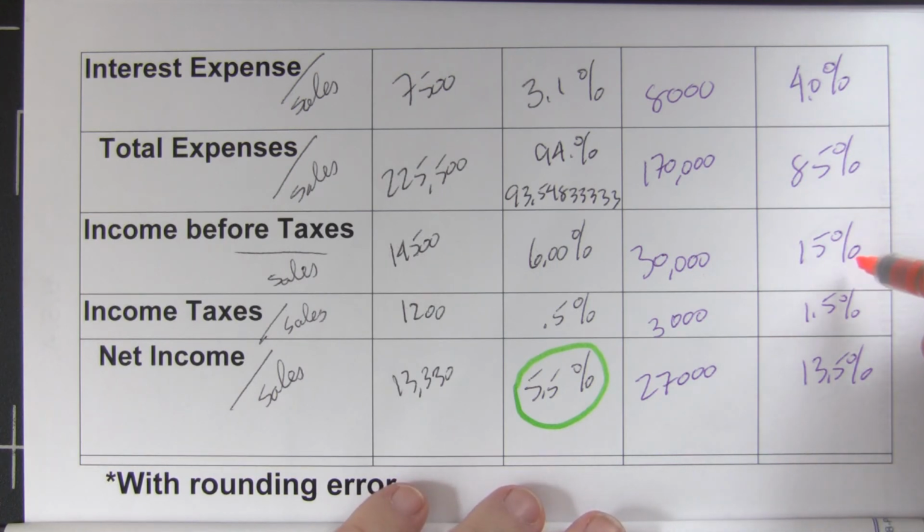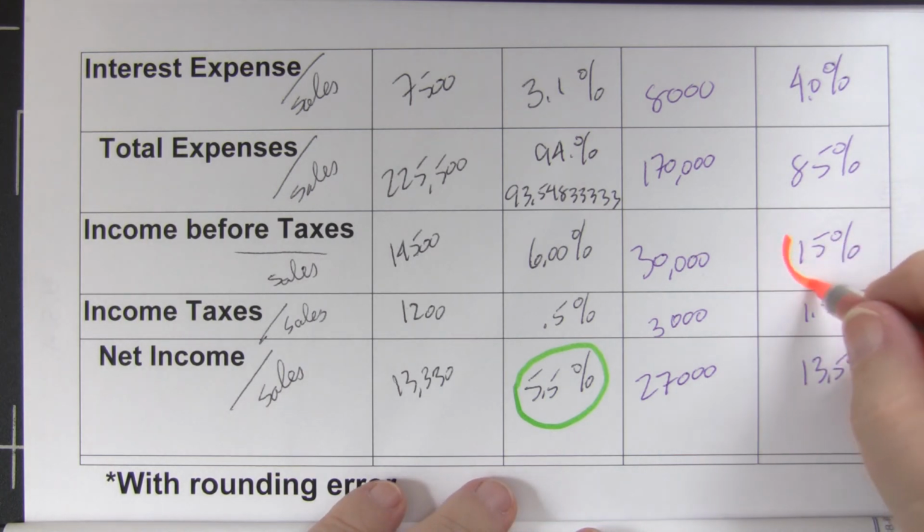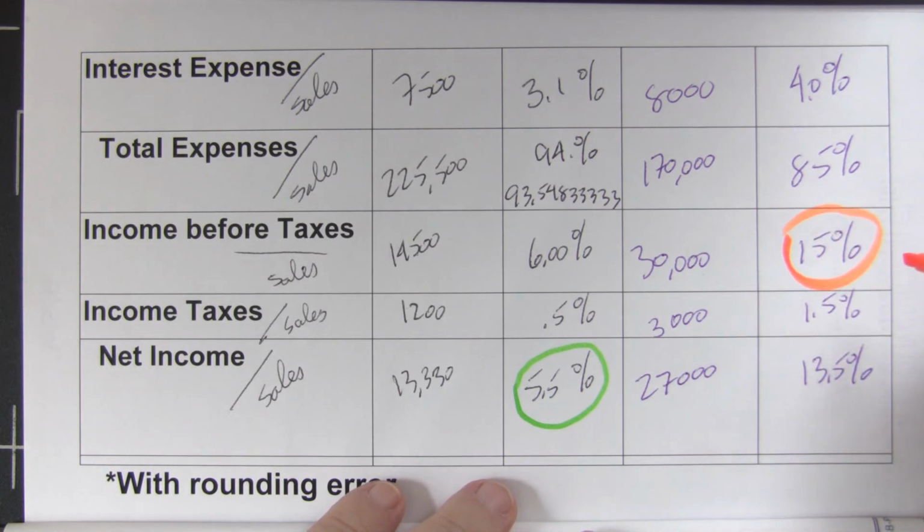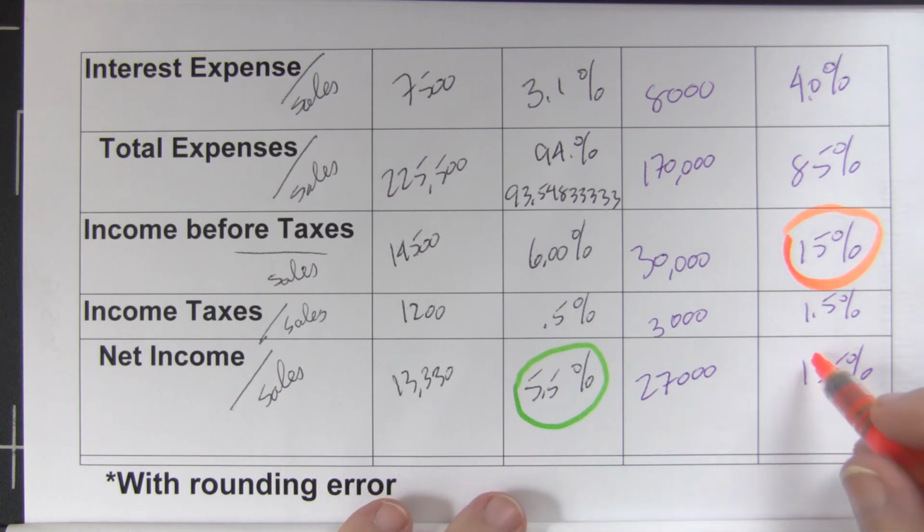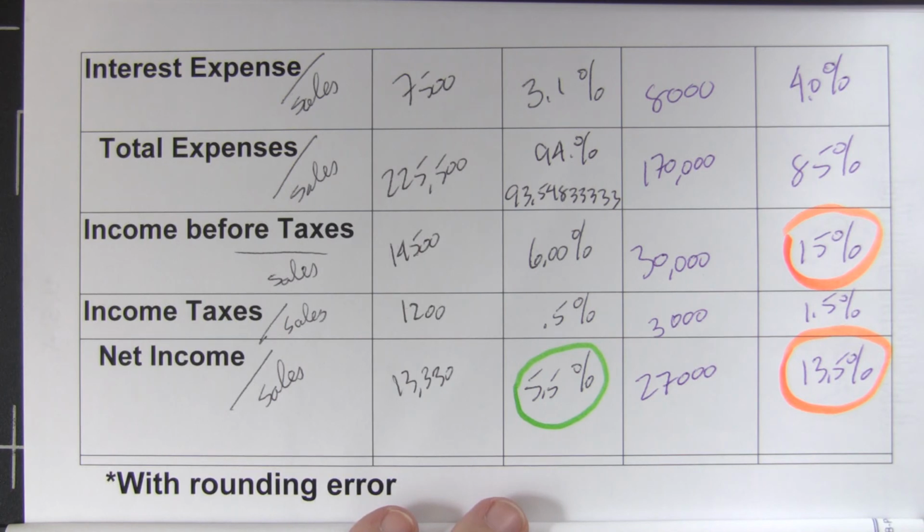Our income before taxes this year is 6%. Last year it was 15%. Why? Last year our net income was 13.5%. This year it's 5.5%.